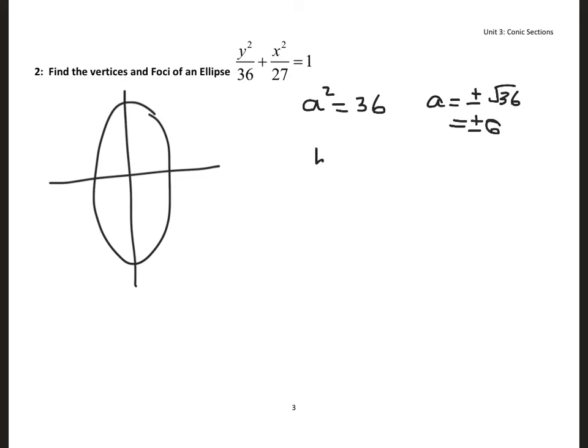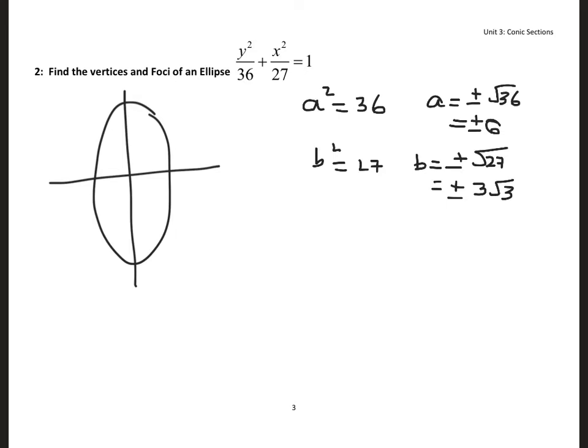And then b squared is equal to 27, so b is equal to plus or minus square root of 27, which is 9 times 3, plus or minus 3 square root of 3.